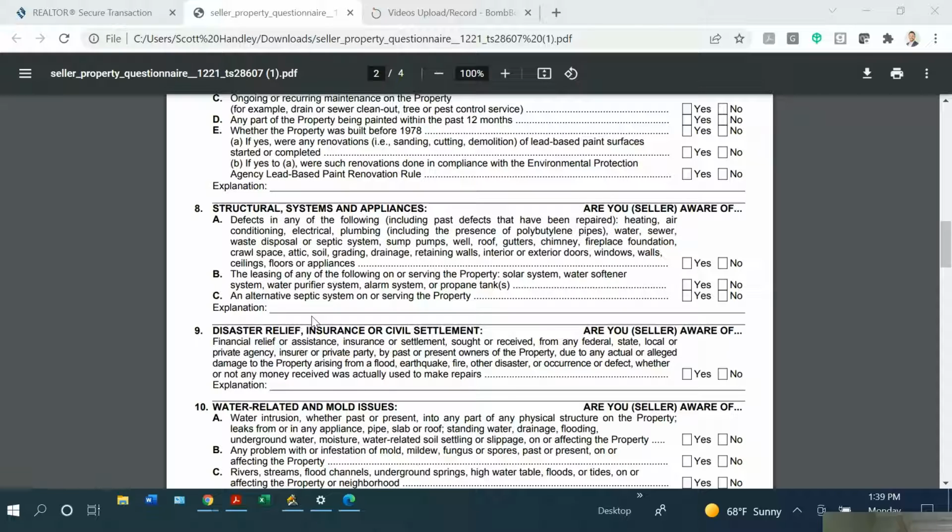Items serving the property: water softener system, water filter, or propane tank. Things like that. Let's see, any service on the property.